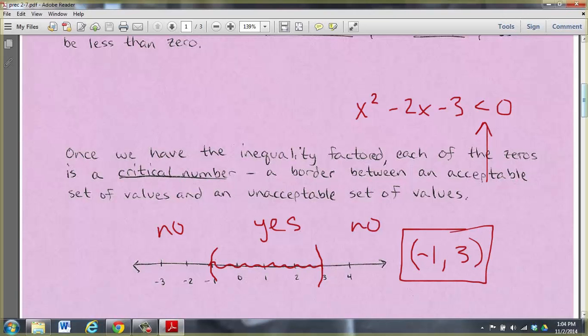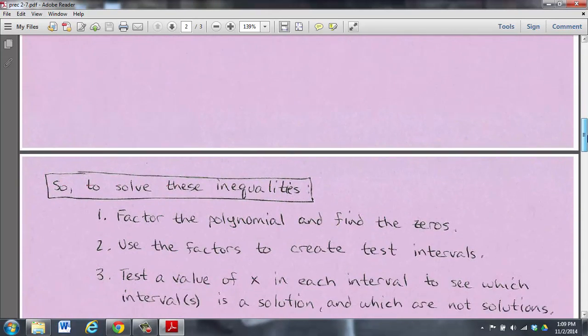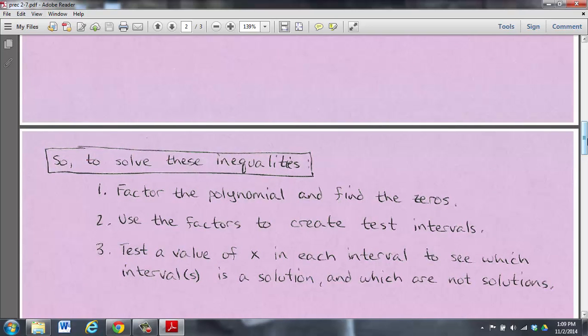Hopefully you guys followed along okay on that one. So let's put it into a process that we have to do. First, factor the polynomial and find out what all the zeros are. Once you know what the zeros are, remember those are called critical numbers.